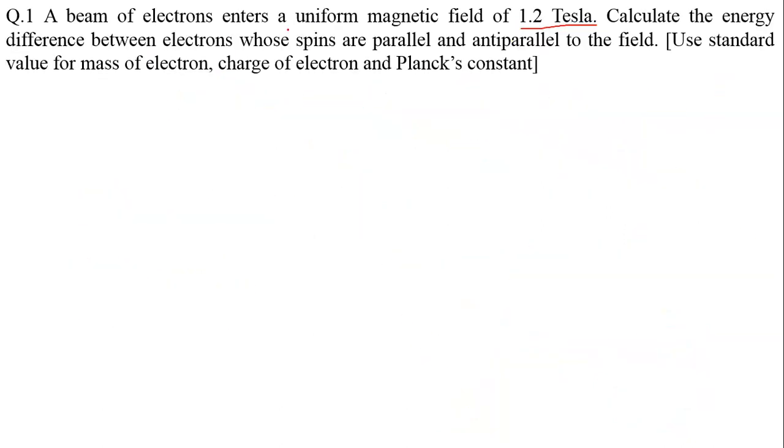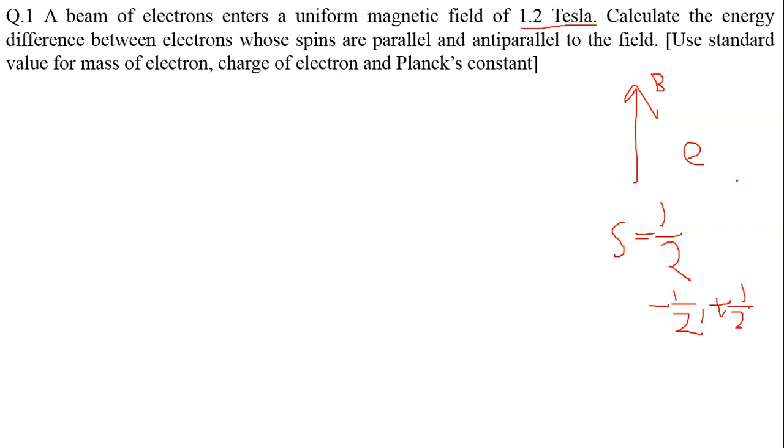Because if the electron spins are different, that is parallel and anti-parallel, where parallel is along the magnetic field, say the magnetic field is applied in this direction. We know that for an electron S is equal to half. So there are two different spins, one is minus half and another is plus half.